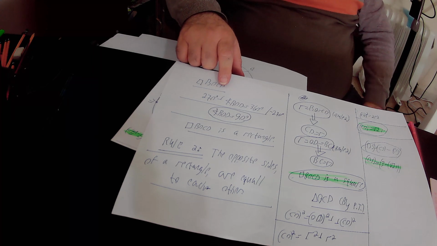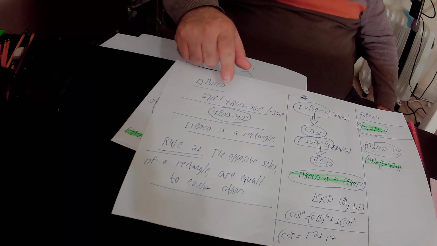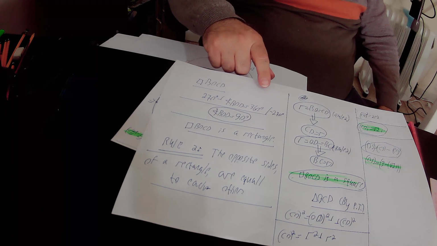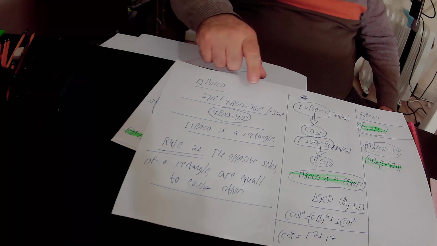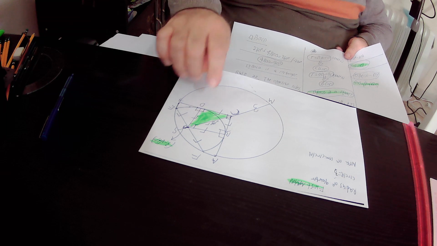We subtract 270 degrees and find that the missing angle BOD equals 360 degrees minus 270 degrees, it is 90 degrees. So the missing angle BOD equals 90 degrees.